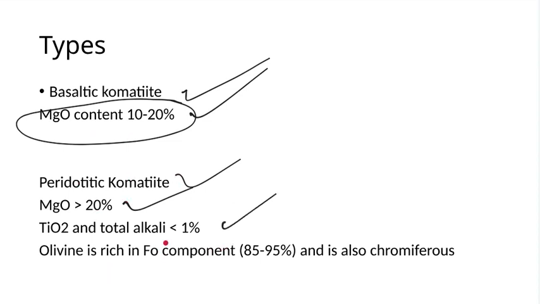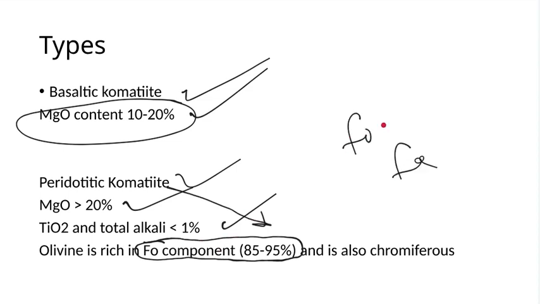Olivine is rich in the forsteritic component in peridotitic komatiite.